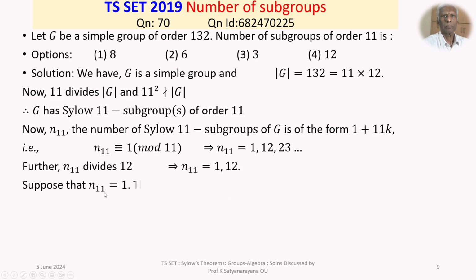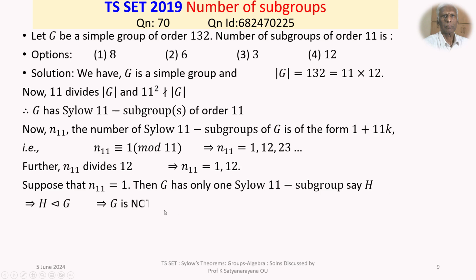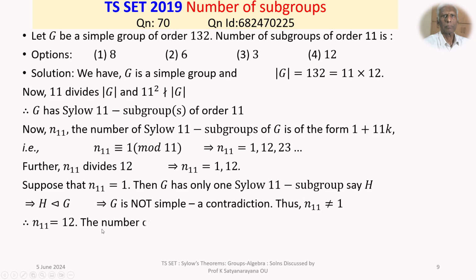If N11 is equal to 1, then G has only one Sylow 11 subgroup, say H, and that will be normal in G. That means G is admitting a non-trivial normal subgroup, thereby G is not simple, but G is given to be simple. A contradiction. Therefore, N11 is not 1, so N11 is equal to 12.